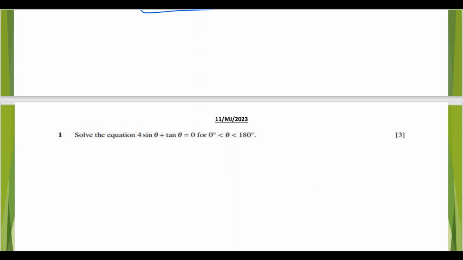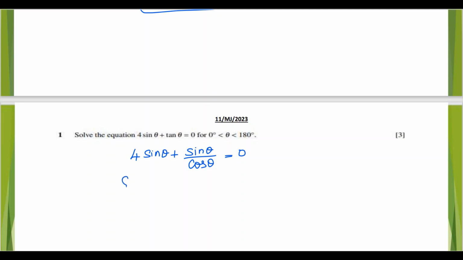Next, this question is from the question paper 11 MJ 2023. Solve the equation 4 sin theta plus tan theta equals 0. This can be written as 4 sin theta plus sin theta divided by cos theta equals 0.